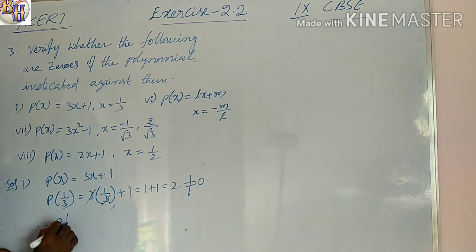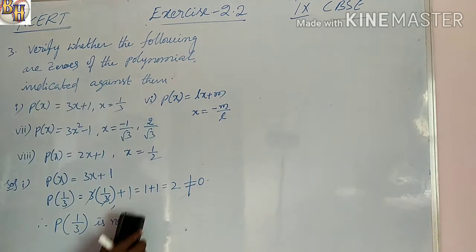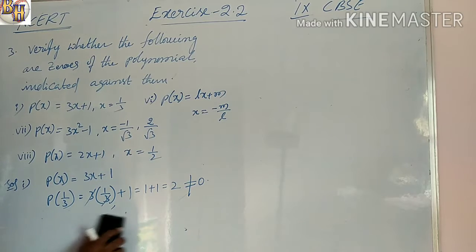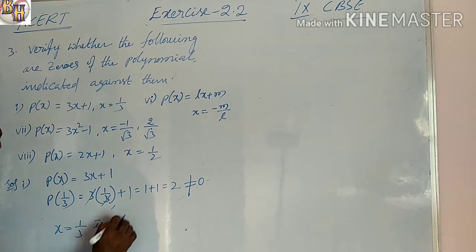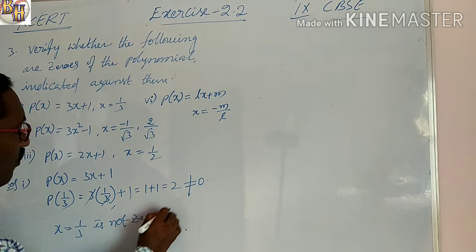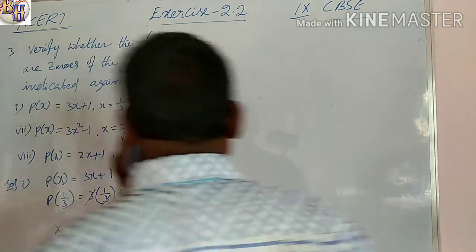Therefore, P of 1 by 3 is not 0. Like this, right? X is equal to 1 by 3 is not a zero of P of x. That's all. X is equal to 1 by 3 is not a zero of P of x.